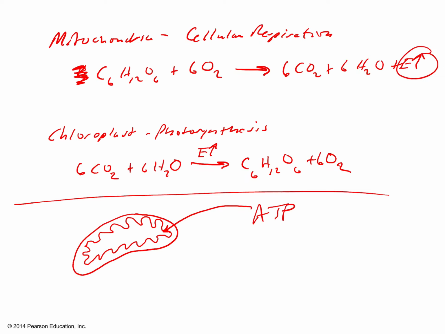So this energy up here, about 40% of it is packaged into ATP molecules, and that ATP is produced in that membrane. That's why you see that membrane looped and folded. The more that membrane is looped and folded, the more copies of the cellular machinery needed to make ATP, and so the more ATP that can be made. Our cells, on average, need to make about 10 million molecules of ATP per cell per second. That's a lot, and so we have to have a lot of membrane to be able to do that.